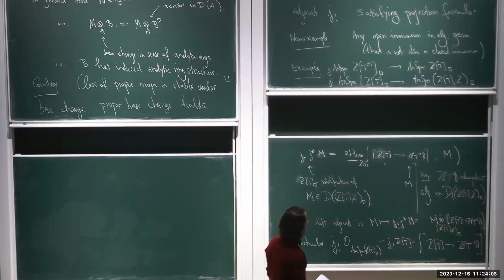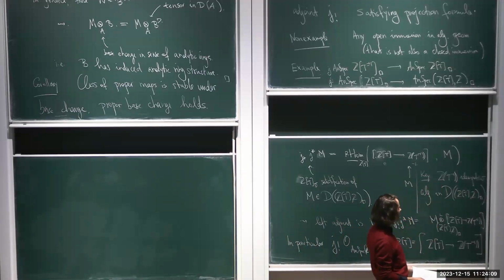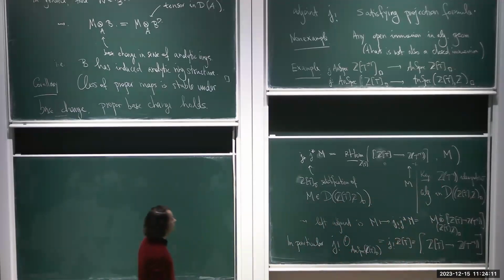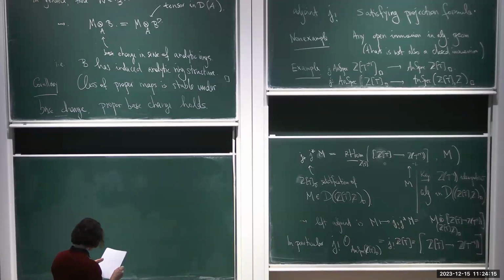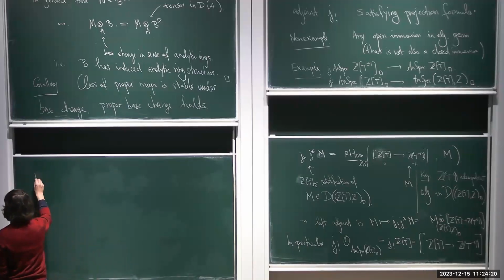So it's an algebra object, and if you tensor it with itself, it stays itself. All right, and this is in fact a general description of these open immersions.